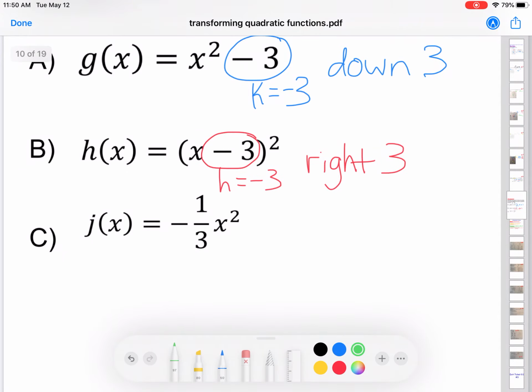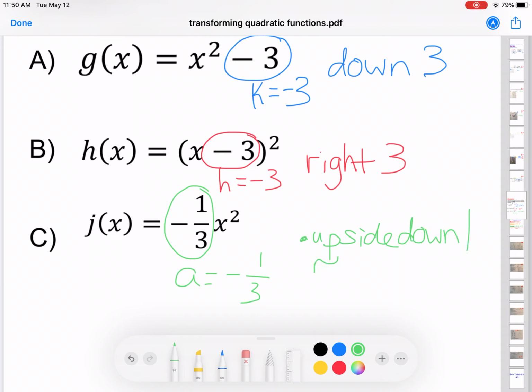And finally, for part C, we see that now they put an a value out front of -1/3. And actually, this means that 2 different things happened. Because our a value is negative, that means that our graph is upside down. You could also say instead that it's been reflected over the x-axis. That's another way of saying upside down.